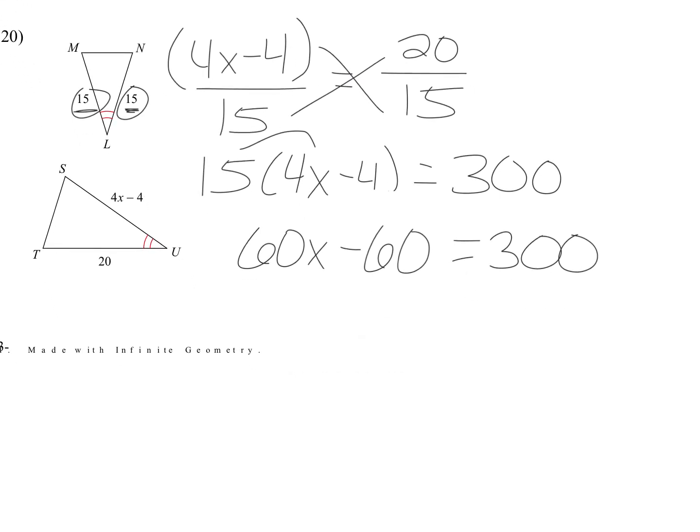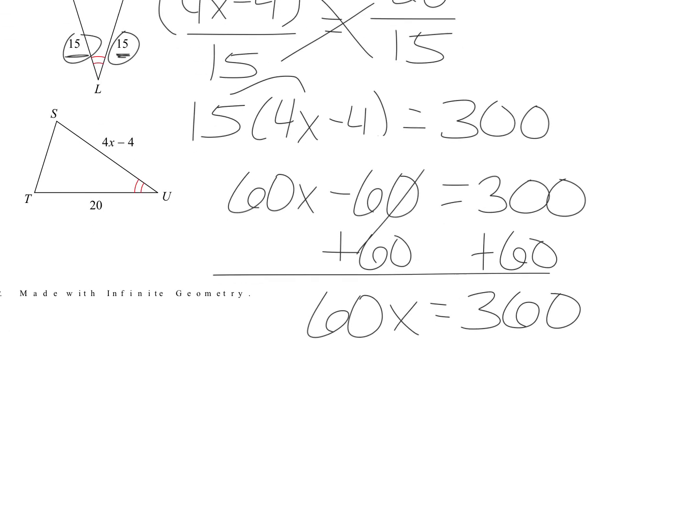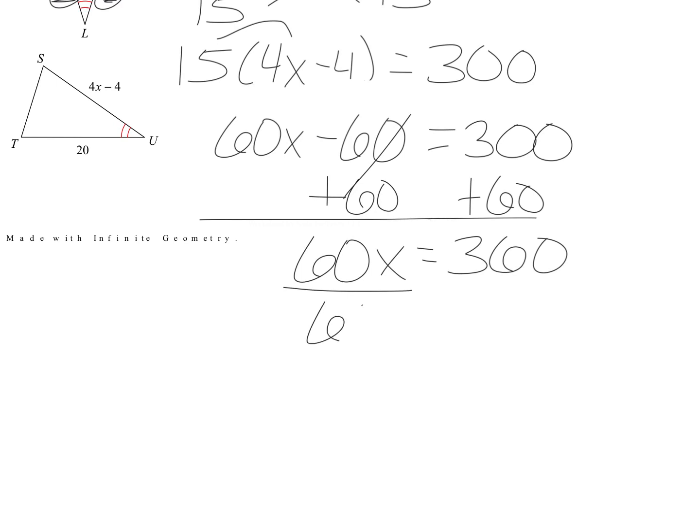And then we solve. What's our first step? Add 60. So we have 60x equals 360. Last step. Divide. We get x equals 6. Yep.